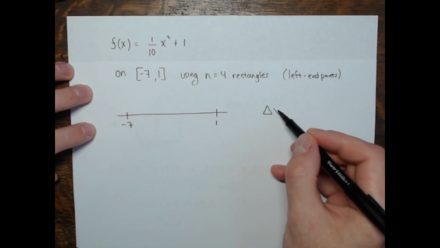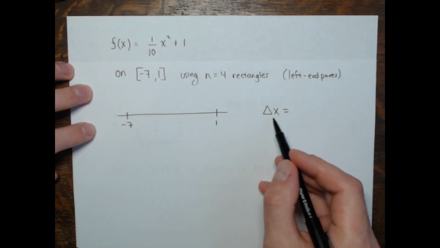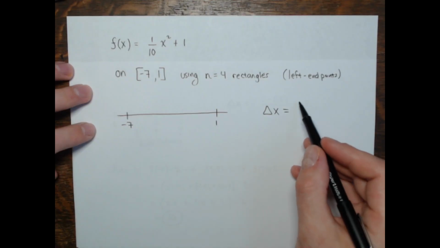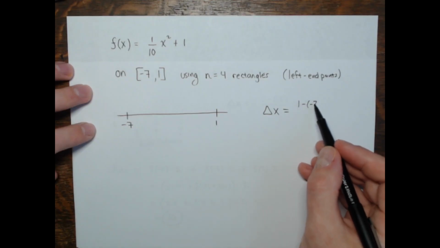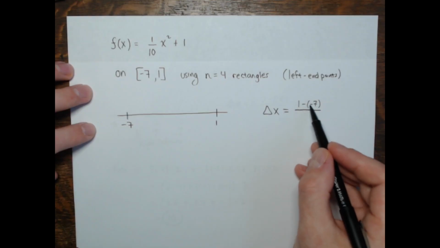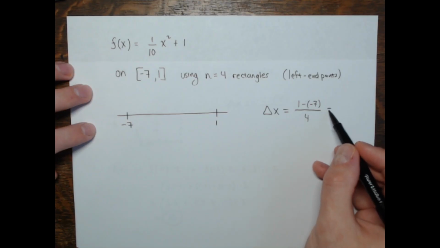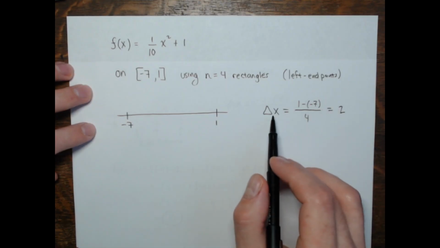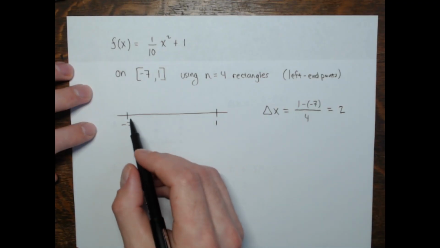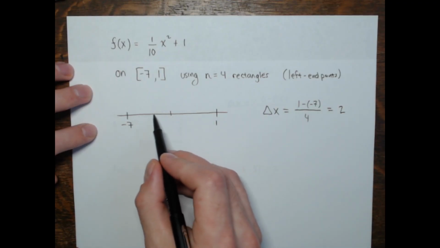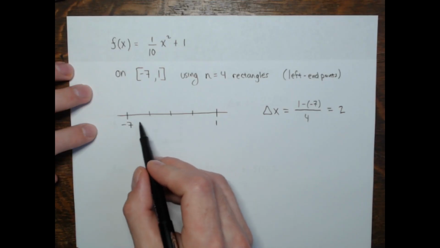We're breaking this into 4 pieces, right? So the width of each piece, this delta x, would be 1 minus -7. That's 8. And I'm breaking this into 4 pieces. So once again, like the last example, the width of each should be 2.